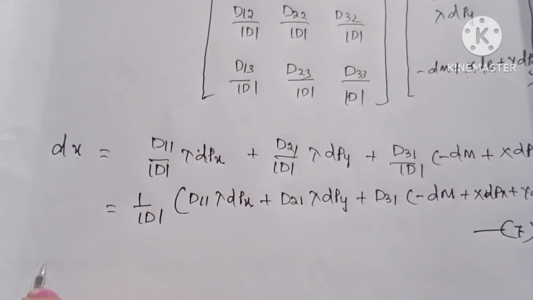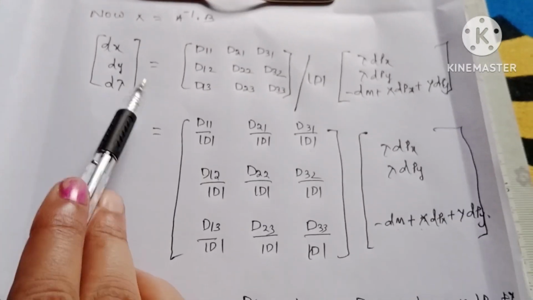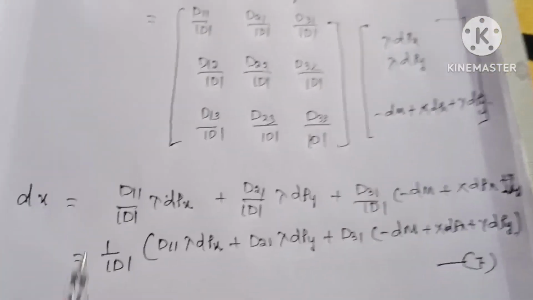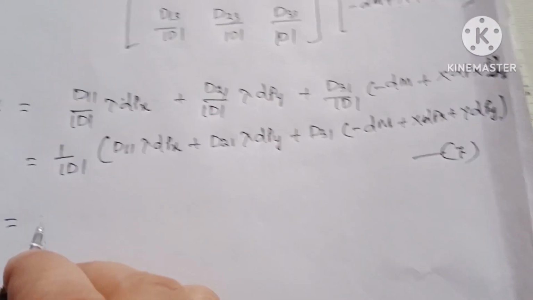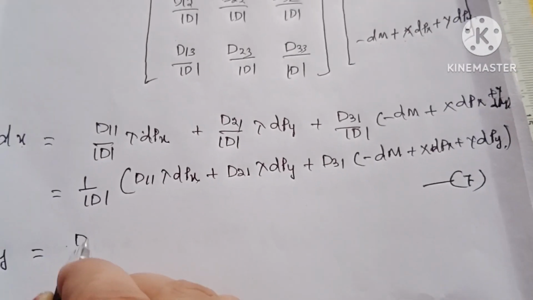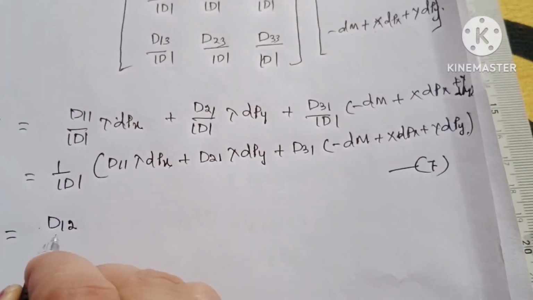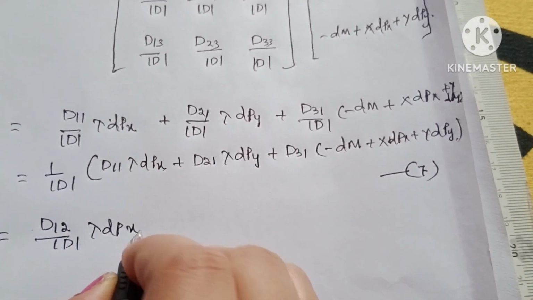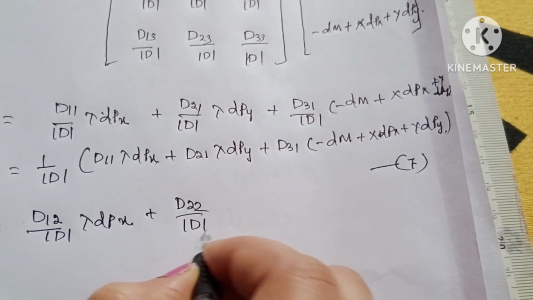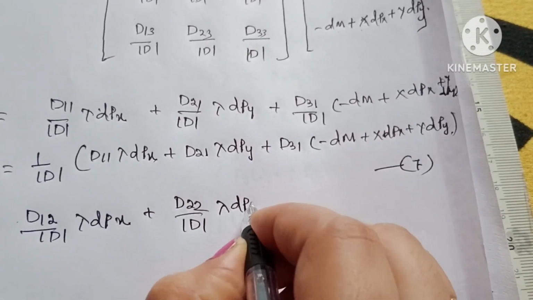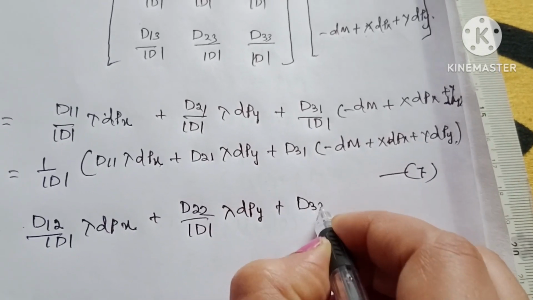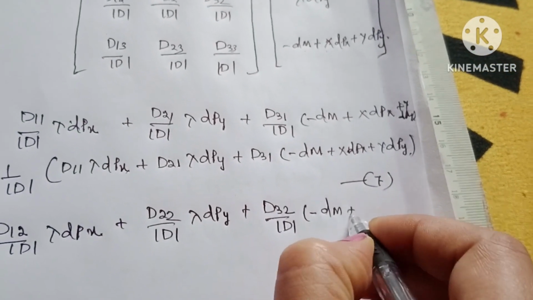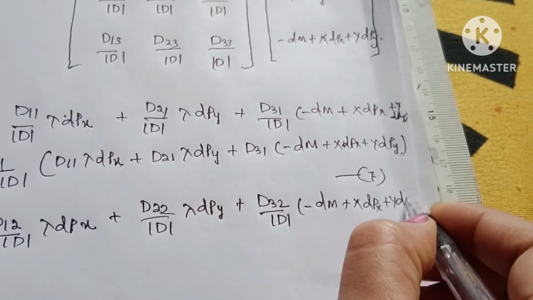Now we'll calculate the value of dy. So dy equals d12 by determinant value multiplied by lambda dpx, plus d22 by determinant value multiplied by lambda dpy, plus d32 by determinant value multiplied by minus dm plus x dpx plus y dpy.